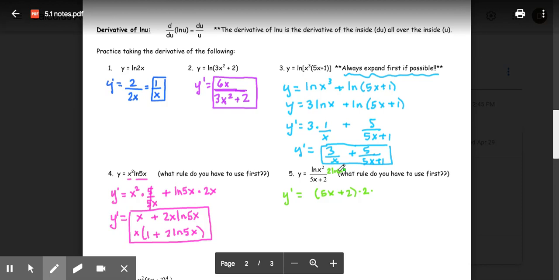This is the derivative of the inside, so derivative of x over the inside. So first part of quotient rule is bottom times the derivative of the top. Derivative of the top is 2 times 1 over x, minus the top times the derivative of the bottom. Derivative of 5x plus 2 is 5. And then all over the bottom squared.